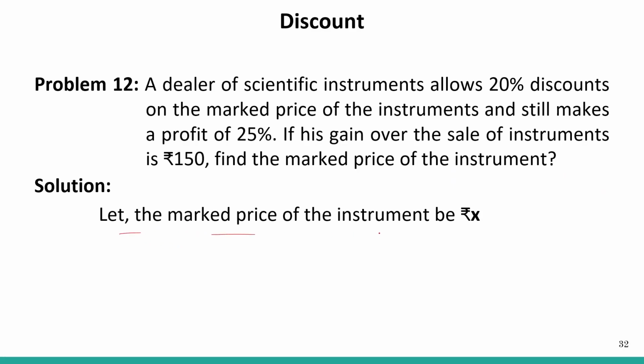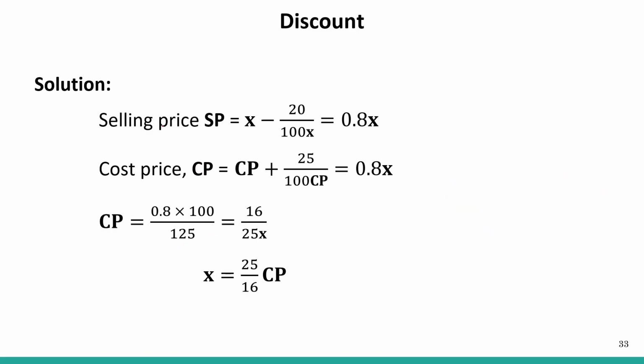So let the mark price of the instrument be X. So selling price is equal to what? X minus 20 by 100 X, which is equal to 0.8X. So CP plus 25 by 100 CP is equal to 0.8X. So solving it for X, what we are left with is X is equal to 25 by 16 into CP.